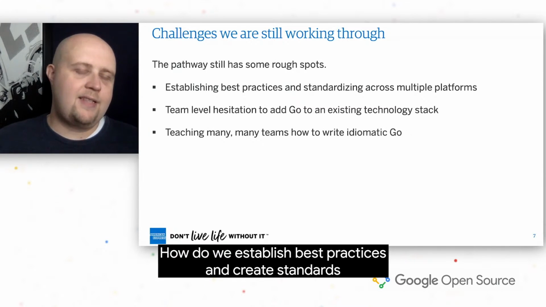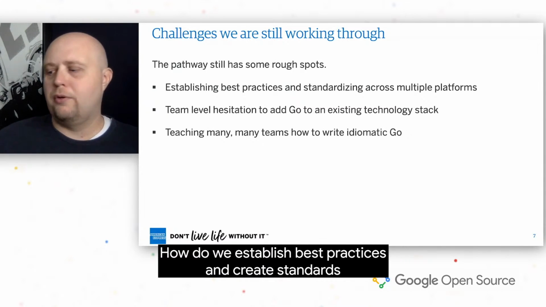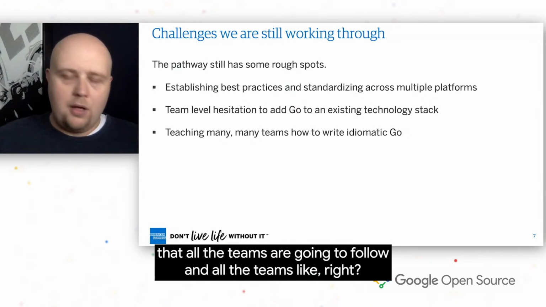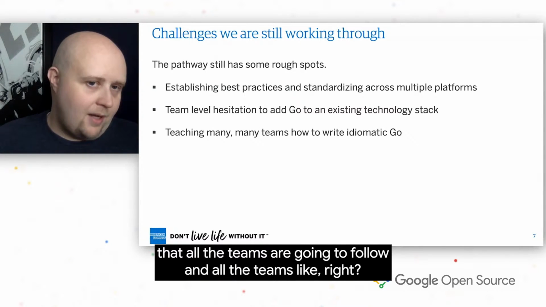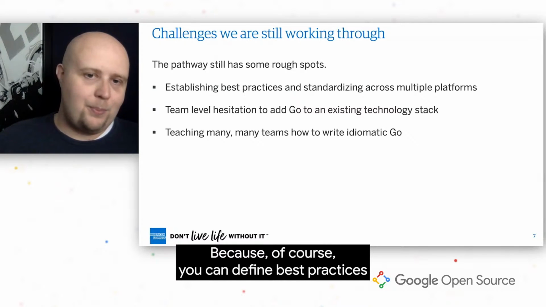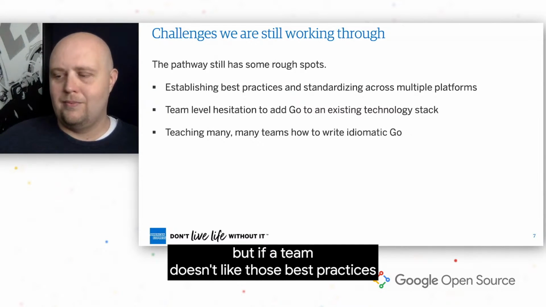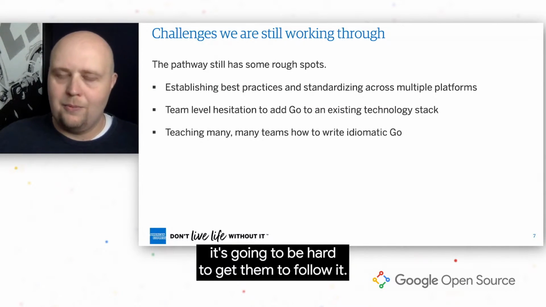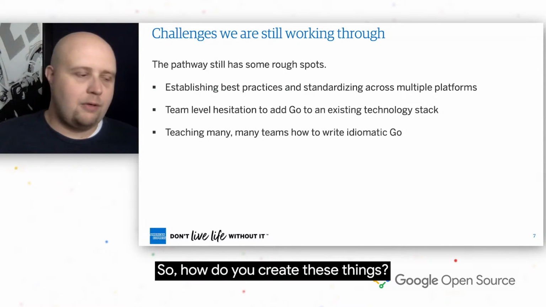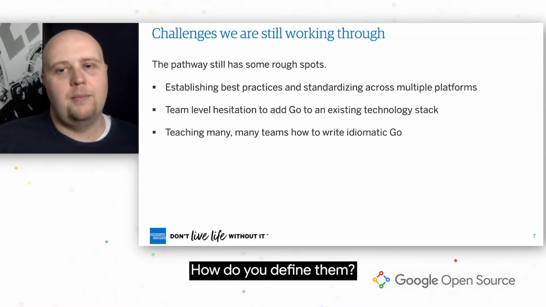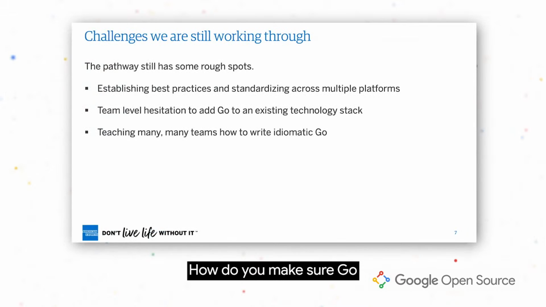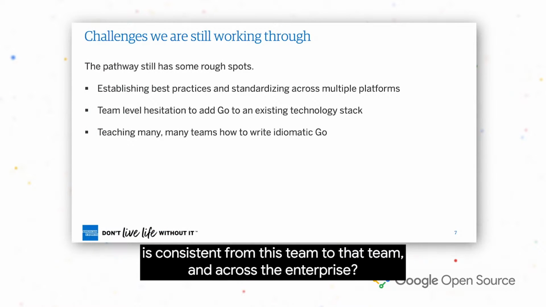How do we establish best practices and create standards that all the teams are going to follow and all the teams like, right? Because of course you can define best practices, but if a team doesn't like those best practices, it's going to be hard to get them to follow it. So how do you create these things? How do you define them? How do you make sure Go is consistent from this team to that team and across the enterprise?